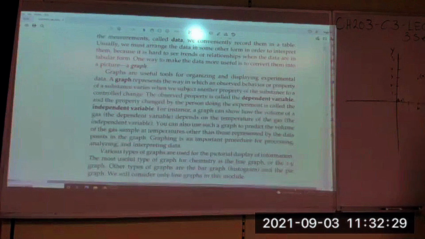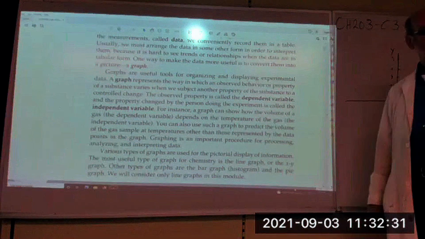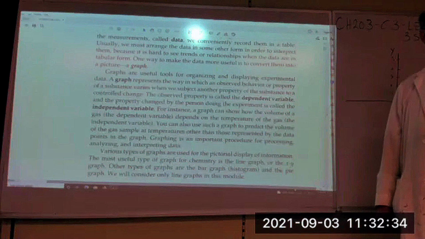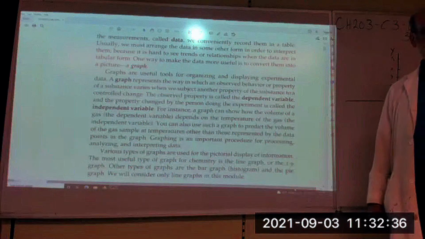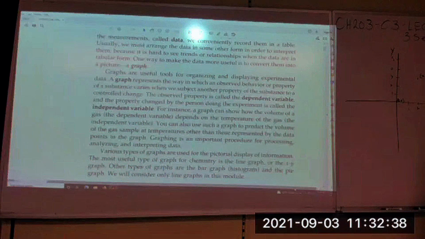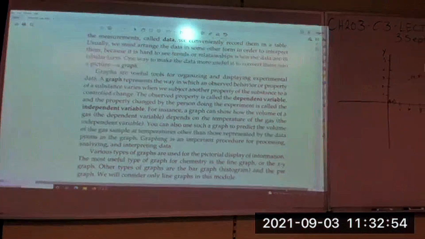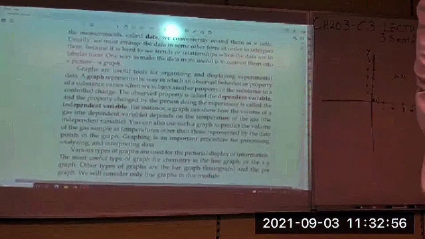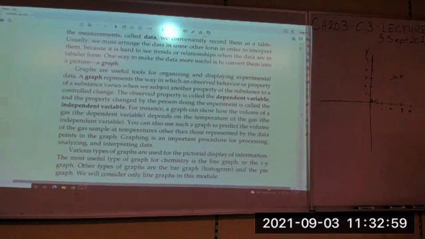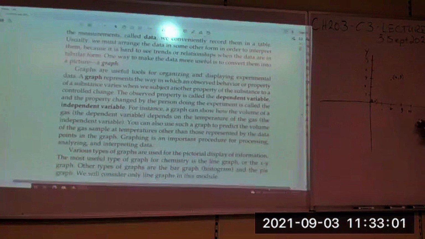So if we want to measure the volume change of a gas, if we change the pressure on the gas, then we have changed the pressure. That means it will be on this axis, and it needs units of measure. So atmospheres is common.